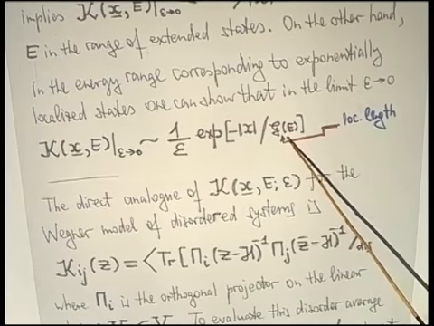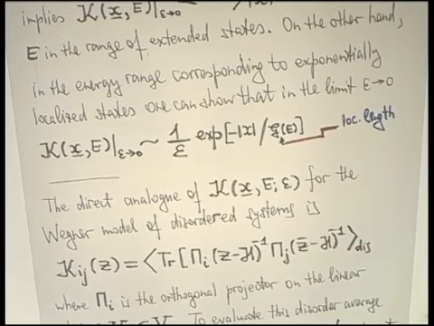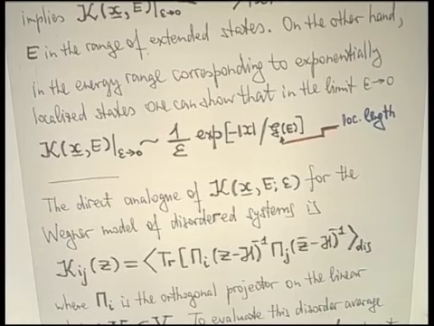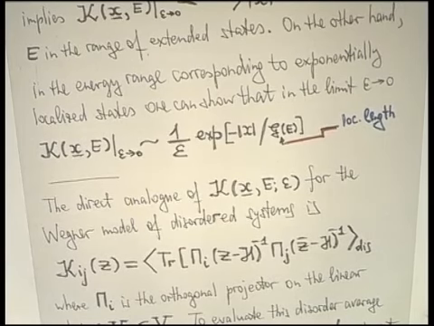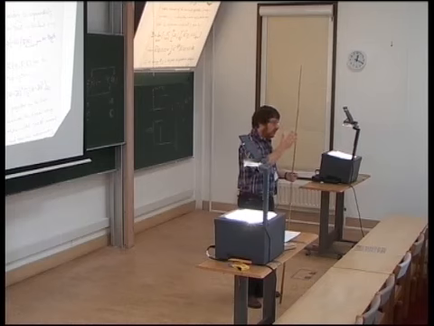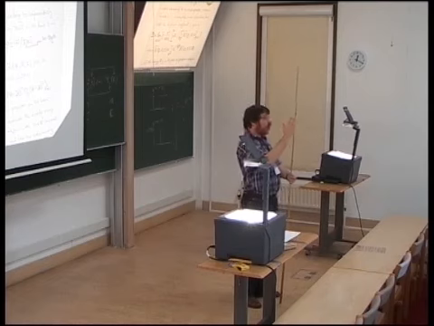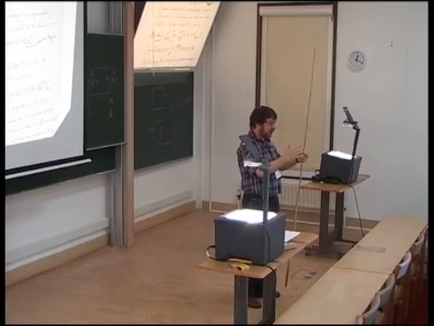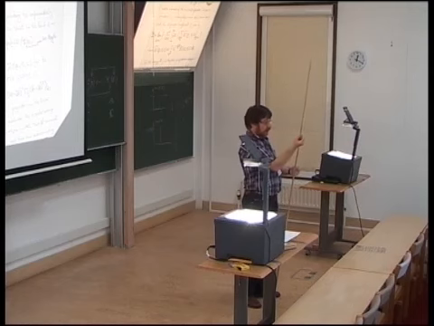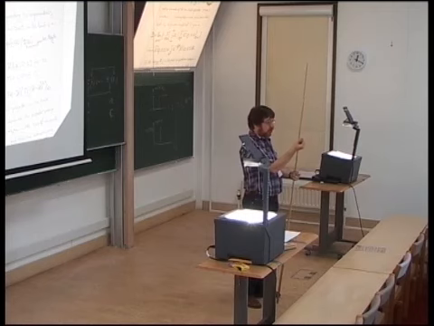Is there any relation between this localization length and the amount of disorder? Yes. In a sense, disorder controls the position of your mobility edge, but if you just fix your energy and increase disorder further and further, then at one point the mobility edge comes to this point, and beyond this your localization length will be shrinking.